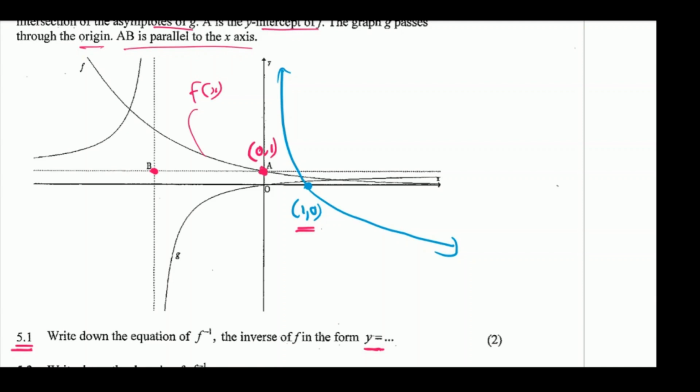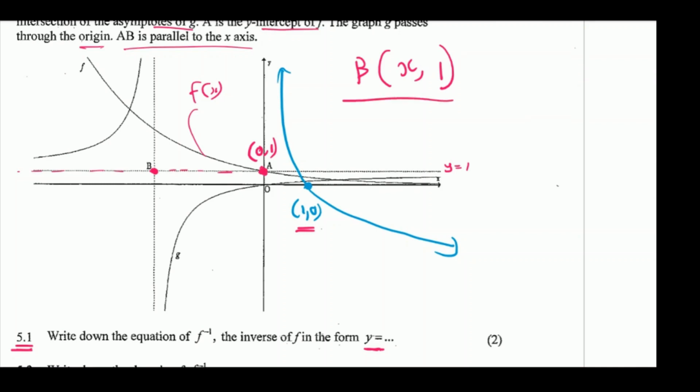Looking at those coordinates, it tells us that our y is actually equal to 1, right? So it's moving like this, which is our asymptote, one of the coordinates of B. So if we want B, we know that x we don't know, but we know the value of y, which is 1.